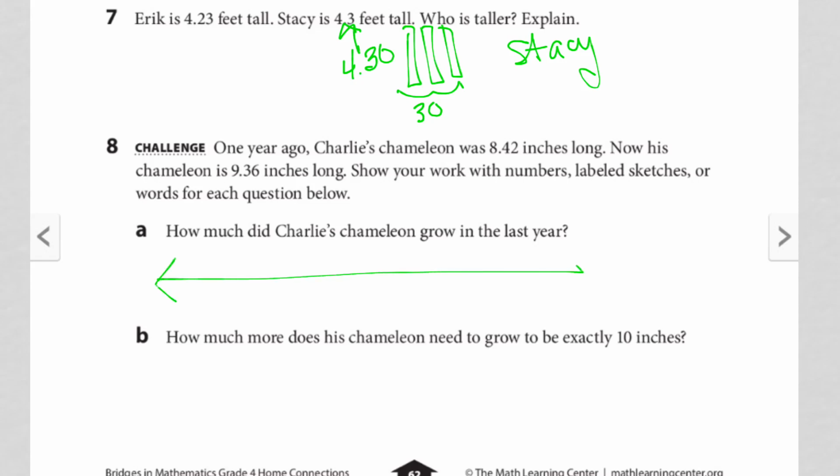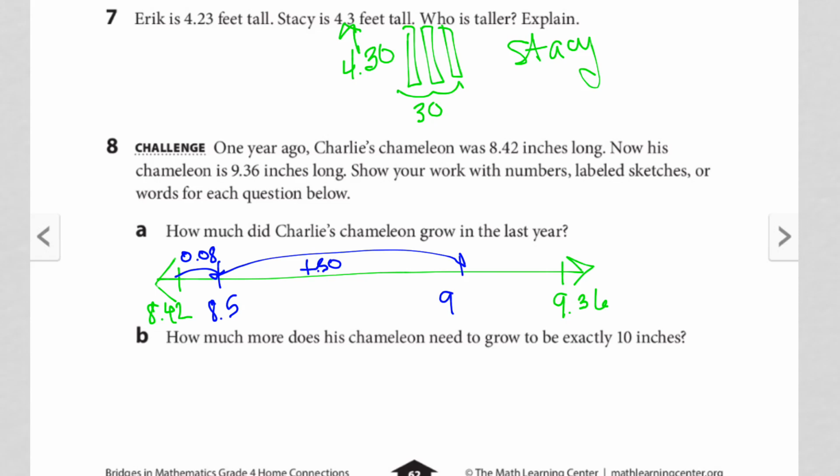Let's draw that number line out to help us again. We start at 8 and 42 hundredths. We want to end at 9 and 36 hundredths. Kids are going to come up with lots of different strategies for adding. They might start by adding 8 hundredths. That's going to get us to 8.5. We're going to come this way and we're going to get to 9 by adding 5/10 or 50 hundredths.